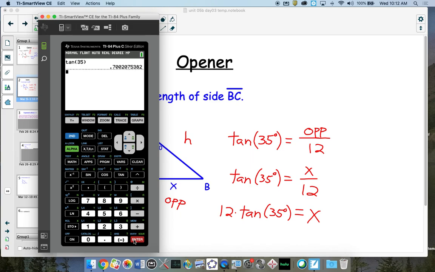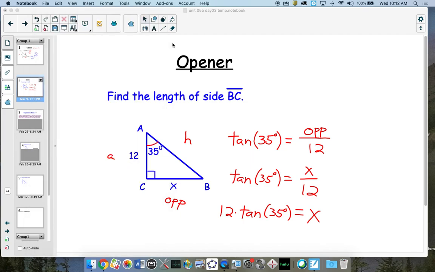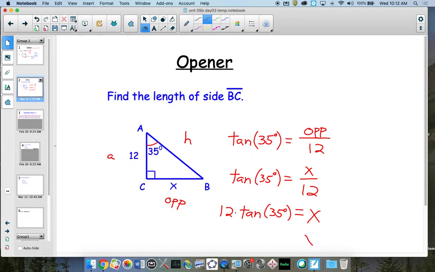Well, we want to do 12 times that. So what I could have done is I could have just punched in 12 times tangent of 35. And there's my answer, and let's say we go 2 decimals. So 8.40. Approximately.